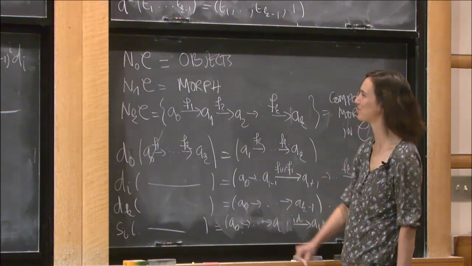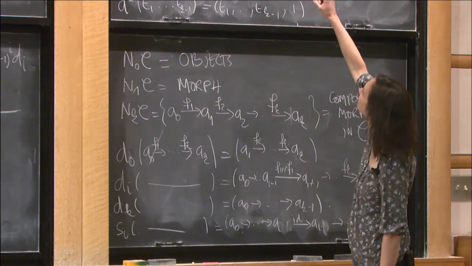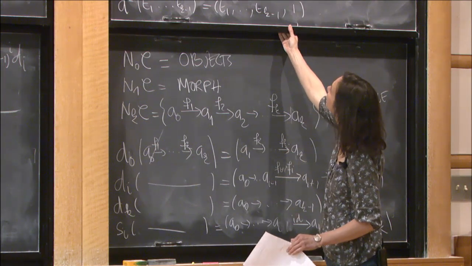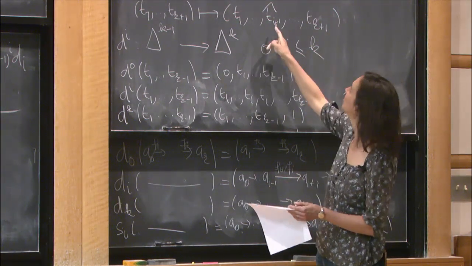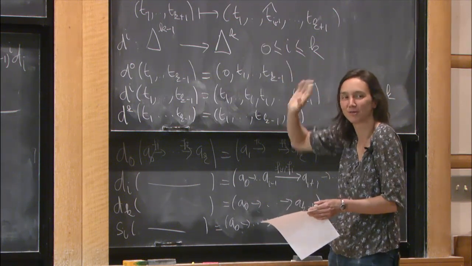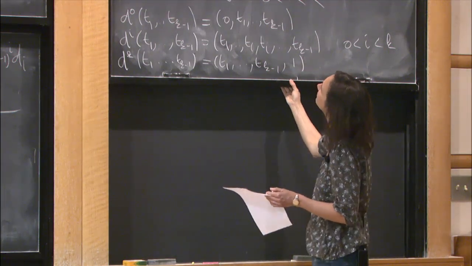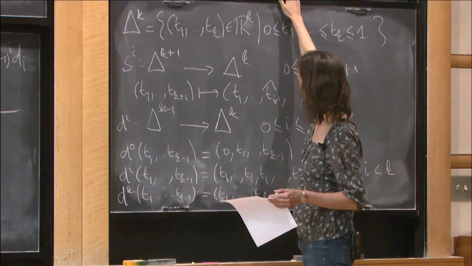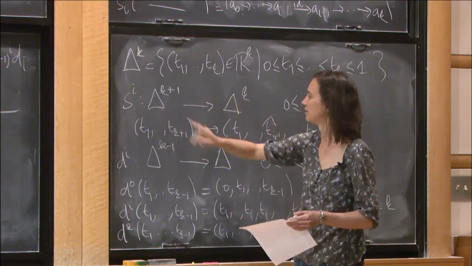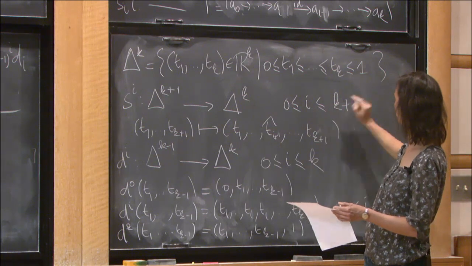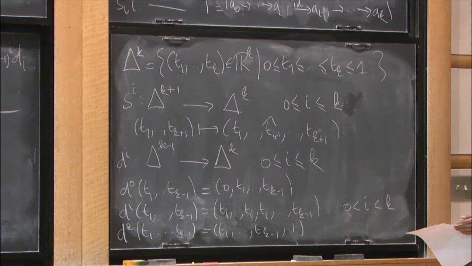Somewhere else there's an i plus 1 that I missed, and the ranges need to be 0 to k. Yes, I think that's now correct.